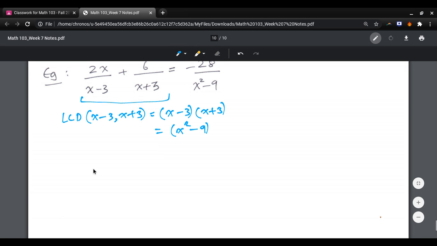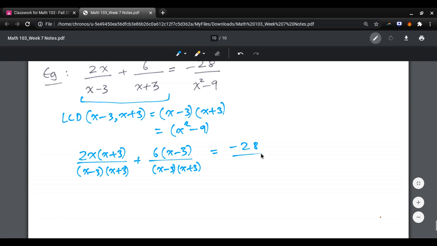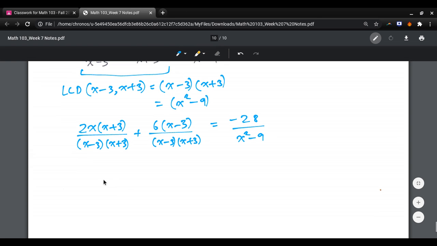Remember? Difference of squares. Okay, so I end up with 2x times x plus 3 over x minus 3 times x plus 3, plus 6 times x minus 3 over x minus 3 times x plus 3, equals... I leave the right-hand side as it is for now. Then I do my calculations.